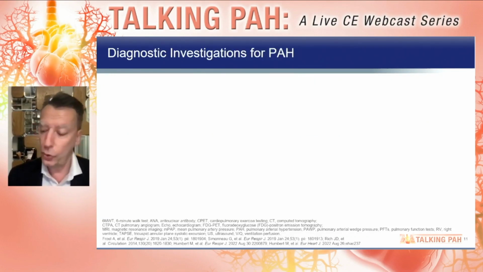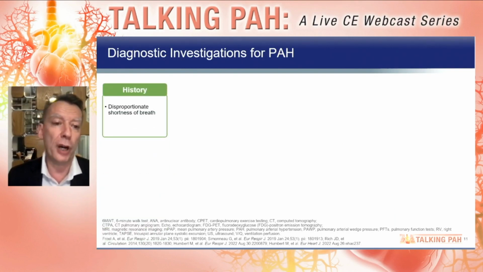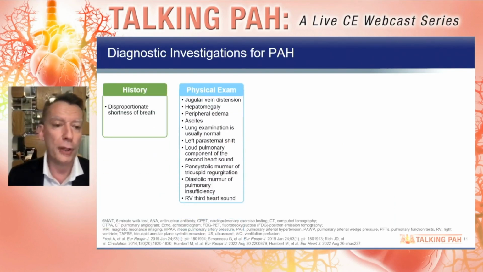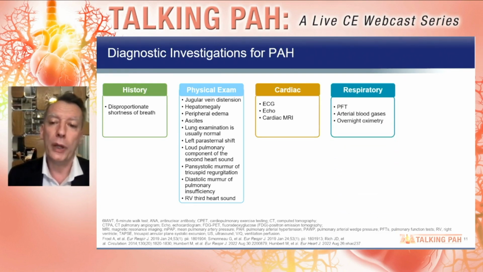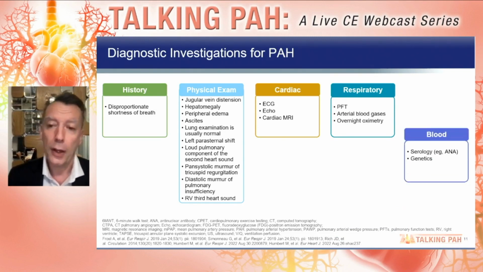So the diagnostic investigation for PAH, there are many. Of course, history. Of course, physical examination, where we look for signs of right heart failure. And then, obviously, we have a focus on the heart in these people with shortness of breath and sometimes chest pain and signs of heart failure. Then we look, of course, to the lung. Heart and lung go together.